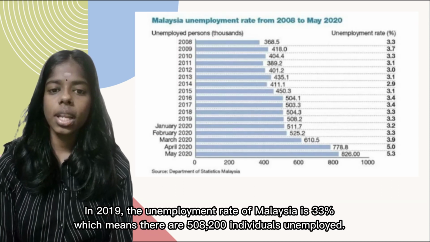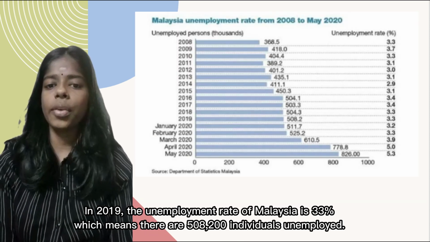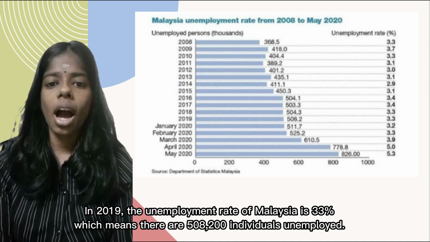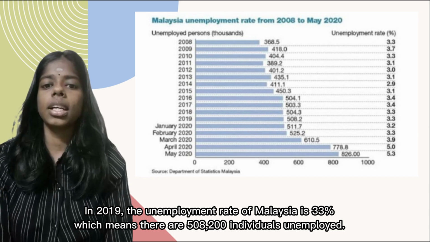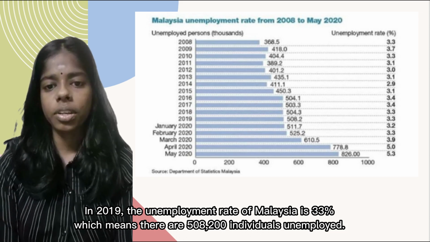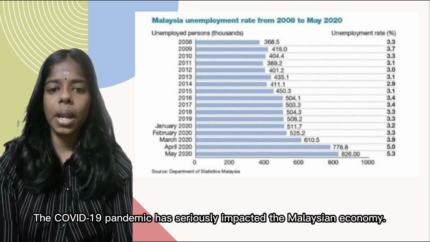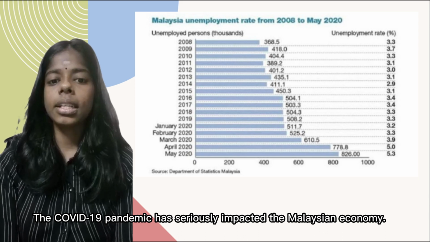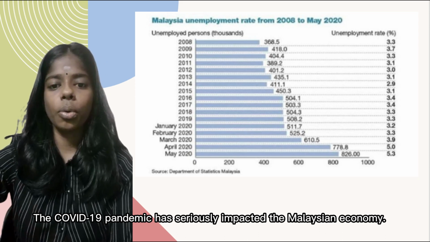In 2019, the unemployment rate of Malaysia is 3.3%, which means there are 508,200 individuals unemployed. The COVID-19 pandemic has seriously impacted the Malaysian economy.